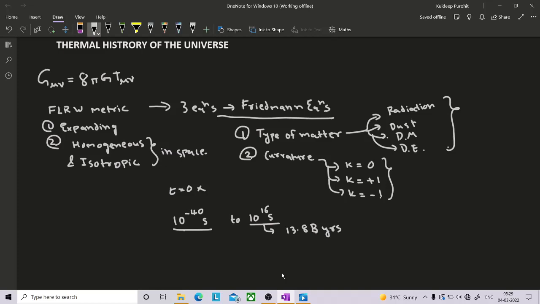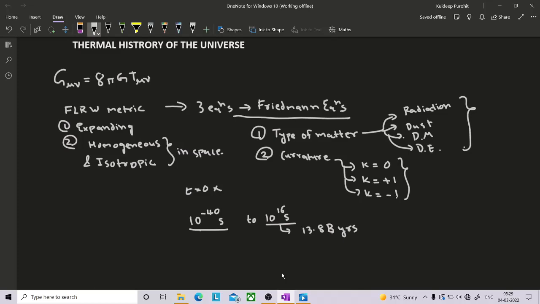So since we don't have it, we can only work with this limit. So 10 to the power minus 40 seconds to 10 to the power 16 seconds. Now, before beginning this theory, we will be studying a few important things which we need to understand high energy physics.